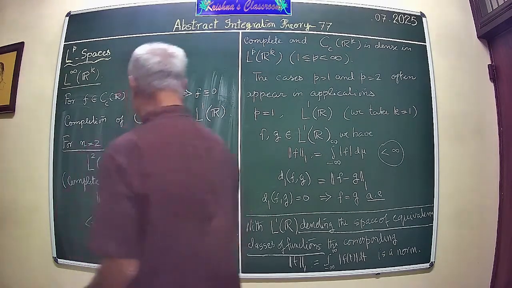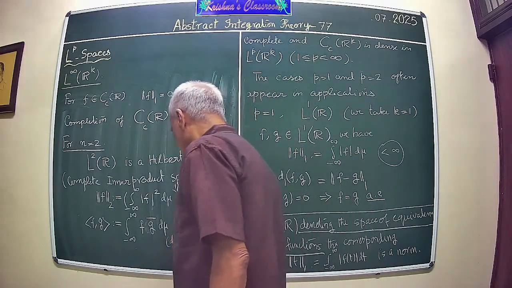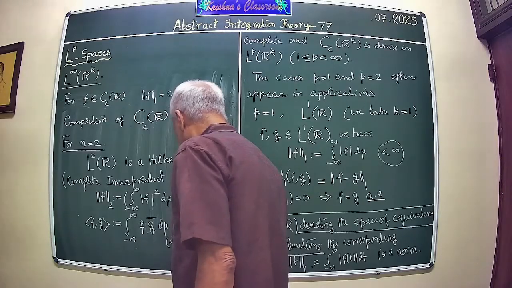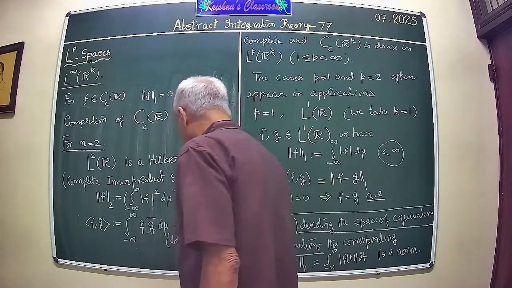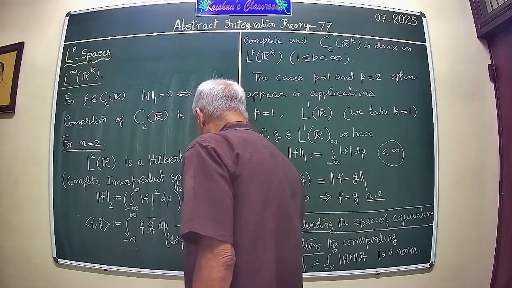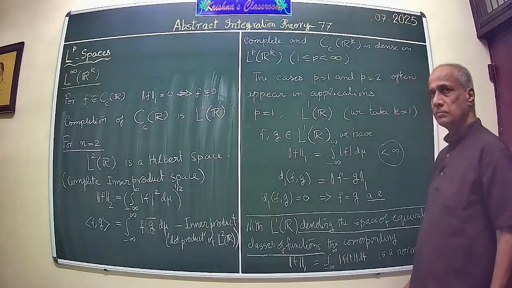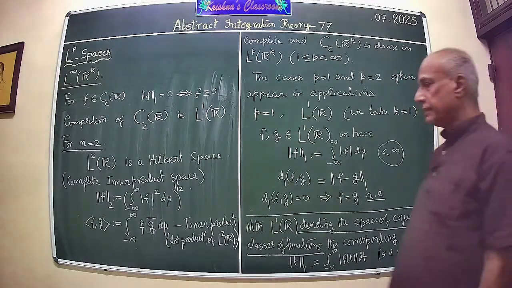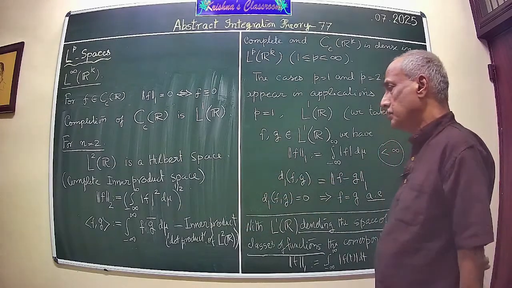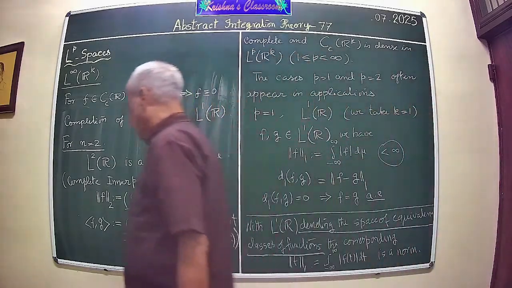Just like the dot product that we have, this is the dot product of L. So you have the length coming out from there. That's very easy to see. And you see that again you have nice results like L2 is complete.